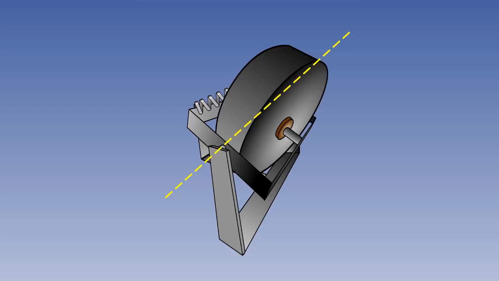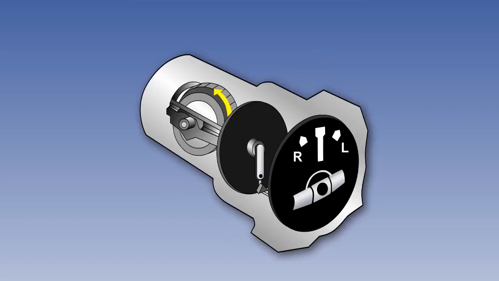By convention, therefore, as the spin axis is not included, the rate gyro is said to have 1 degree of freedom. An example of an instrument using a rate gyro is the turn indicator, and we can see again a turn indicator illustrated here.